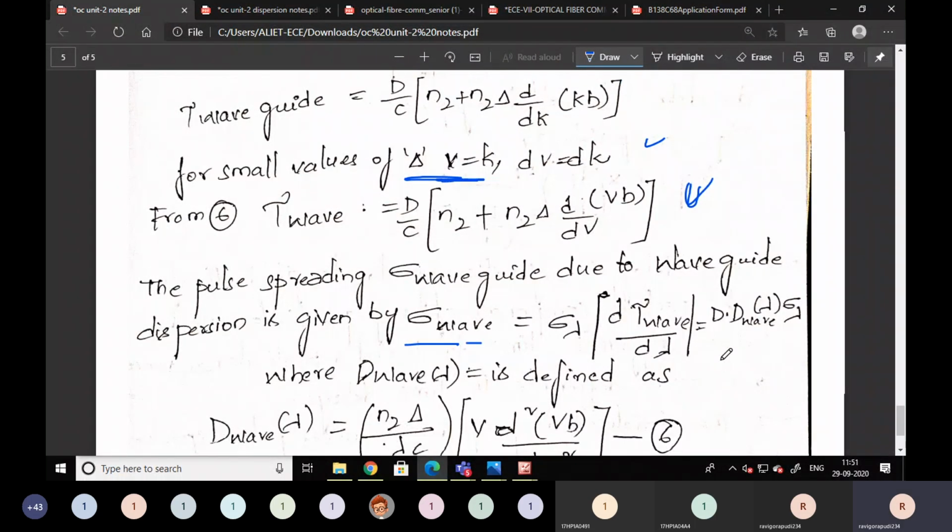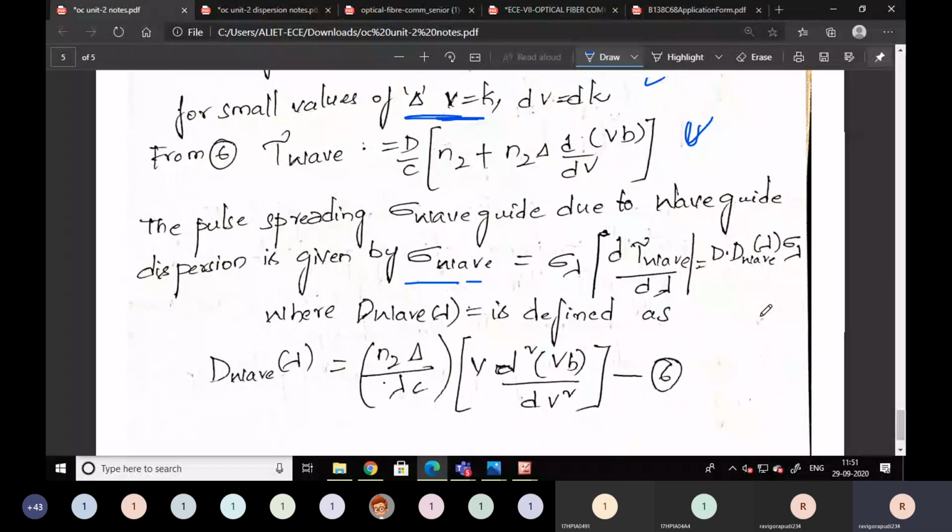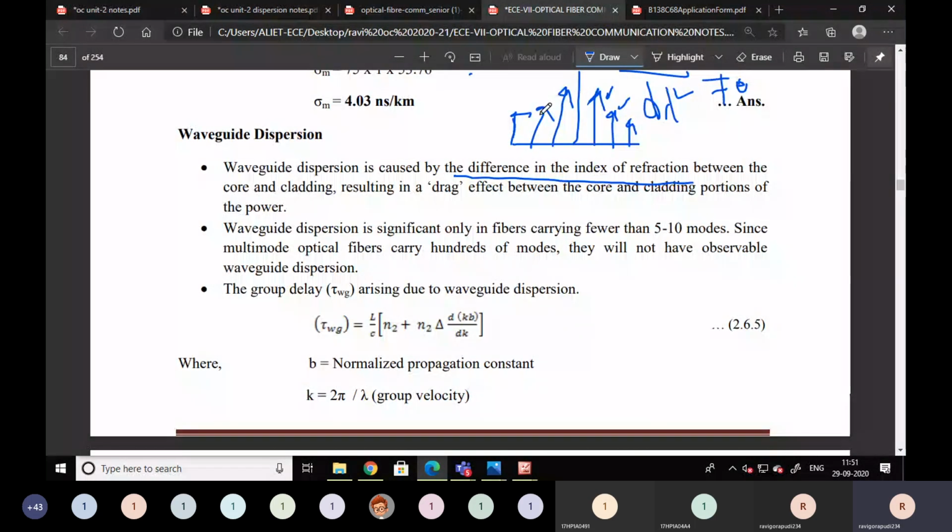All this you can write up to the 60th equation. In most textbooks, this is not mentioned; they directly give this formula. I want to show this. See here, in waveguide dispersion, tau g is d by c. In place of distance, he has taken length L, n2 plus n2 delta d Vb by dk.